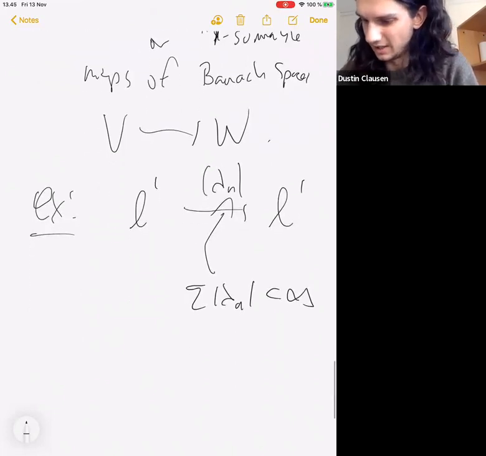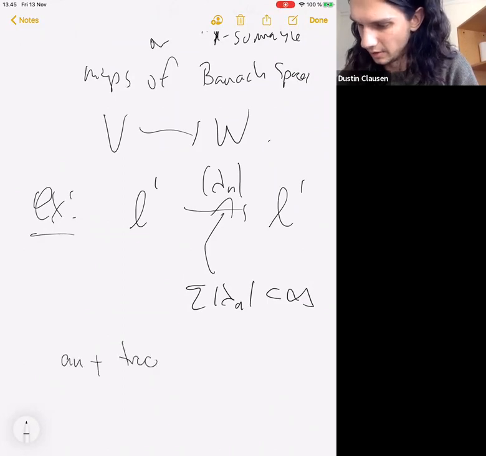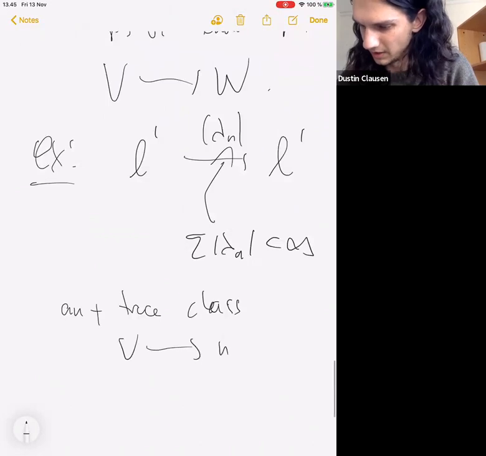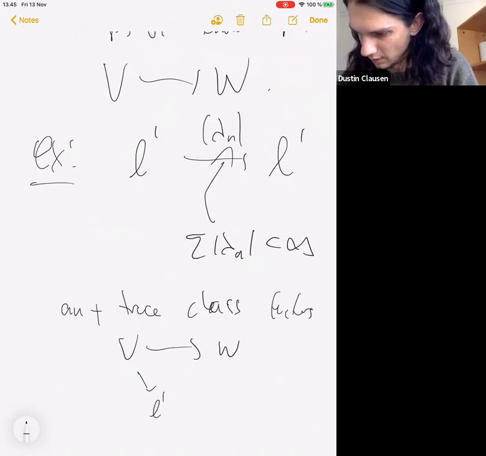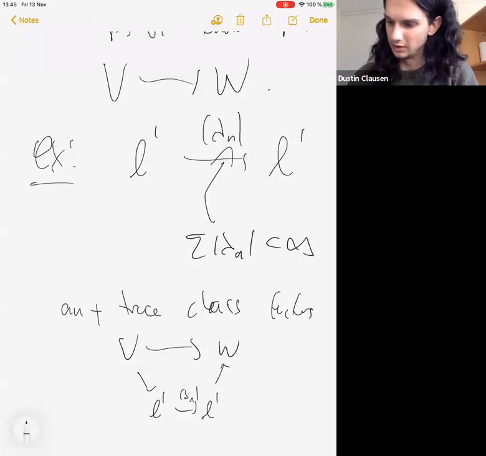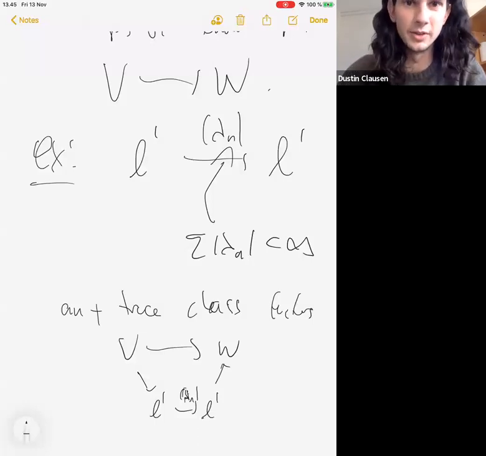And in fact, this is in some sense the only example. So any trace class map between any two Banach spaces factors through one of these, with lambda_n as above. So you kind of only need to look at this one example to get the idea of what's going on with trace class maps.